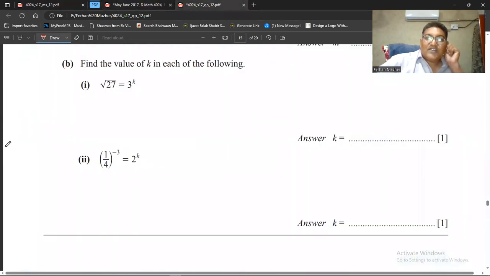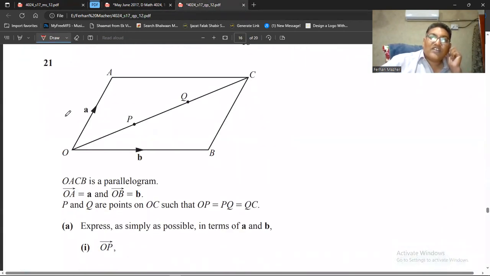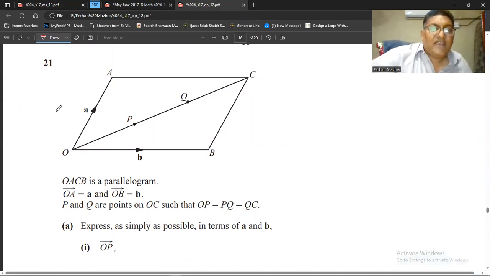Okay. So then we have the next question. The next question is question number 21. It says OACB is a parallelogram. OA is equal to a and OB is equal to b. This is small b, this is small a.